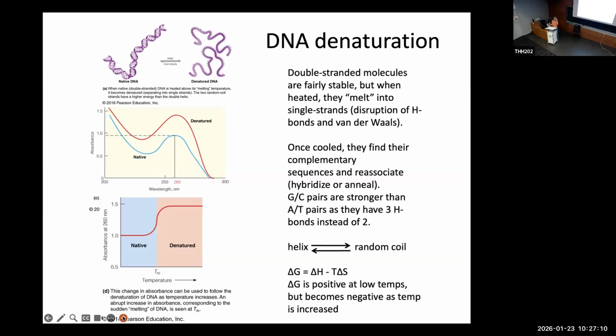Other things that affect melting temperature are the relative quantity of GC base pairs versus AT base pairs. GC base pairs have 3 hydrogen bonds, AT have 2. So melting temperatures will increase if you have more GC base pairs. And that's up to a certain point. Once you start talking about genome level length, at that point, the length doesn't matter as much.